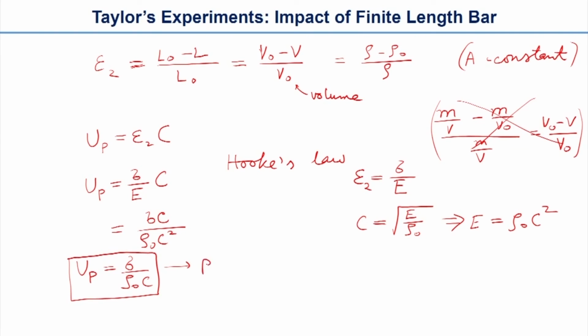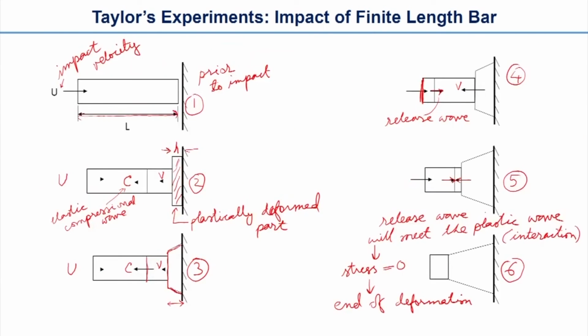So, the particle velocity for an elastic wave. But if you consider the impact velocity u, then the particle velocity will be different, and we can find out the particle velocity for 3 different regions, if we see the sequence of steps from earlier.